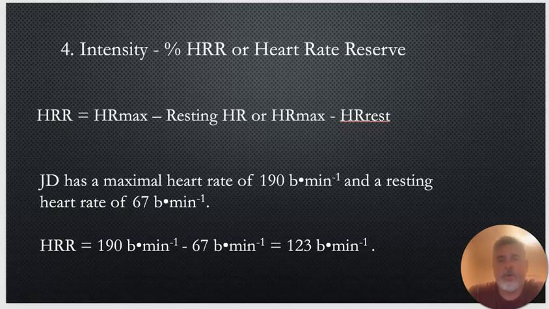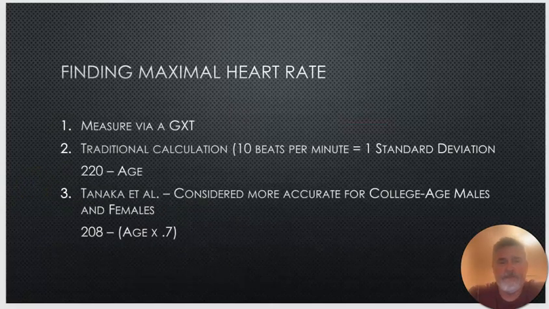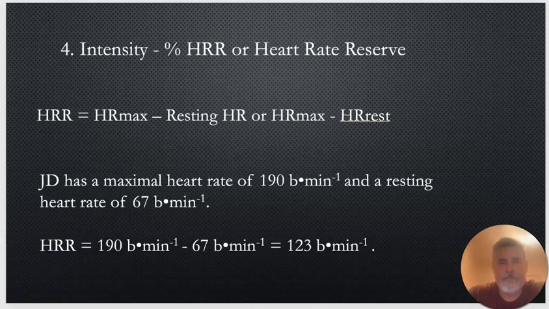All right, so for percent of heart rate reserve, here's an example. Heart rate reserve equals heart rate max minus resting heart rate, or heart rate max minus heart rate rest. This is the same thing as this. It's just written in the nomenclature that we've been using for max values. Here's an example.